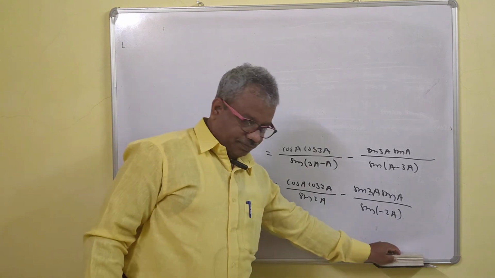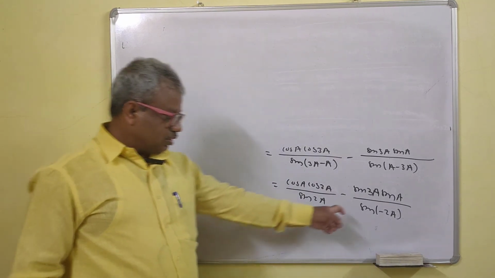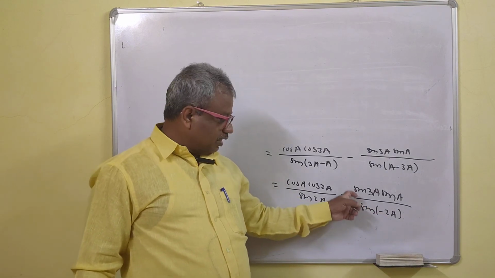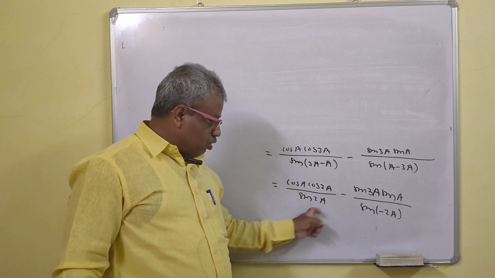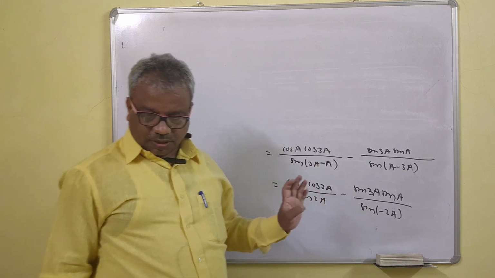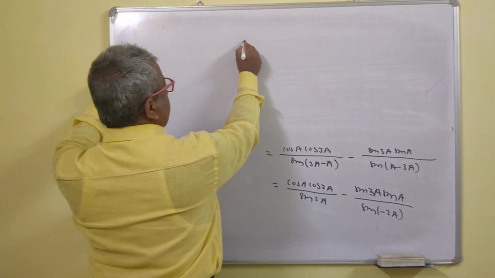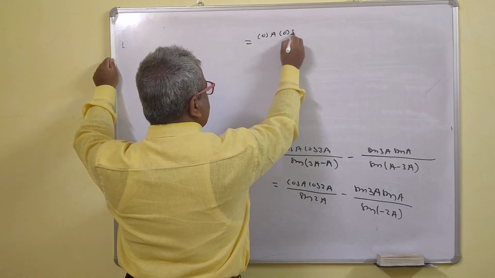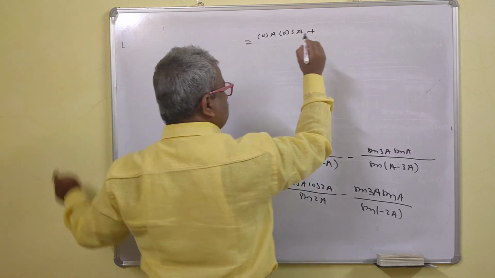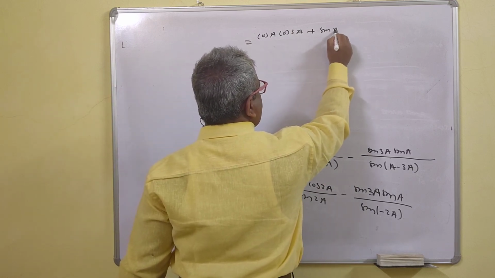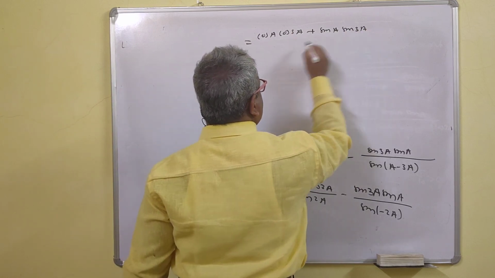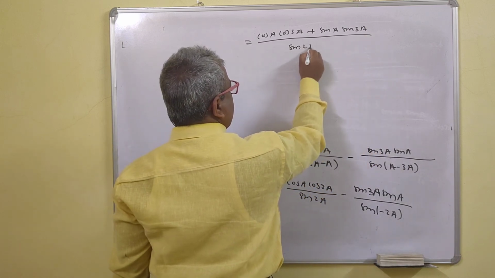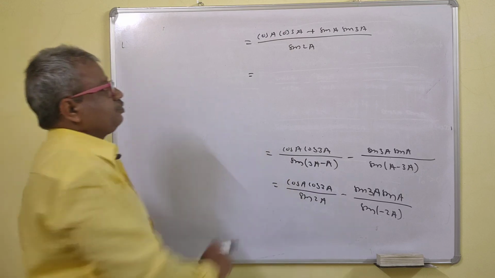Now see here, this is sin of minus 2A. I can write this as a minus, and this minus makes the minus become plus. Your denominators are the same, so we take the addition of the numerators. So this will become cos A cos 3A plus sin A sin 3A upon sin 2A.